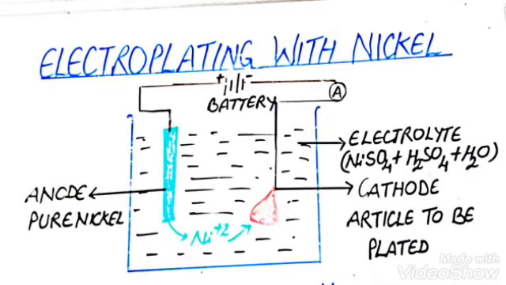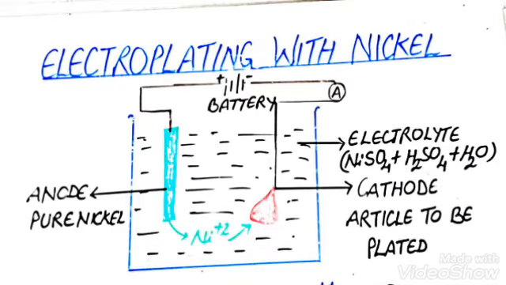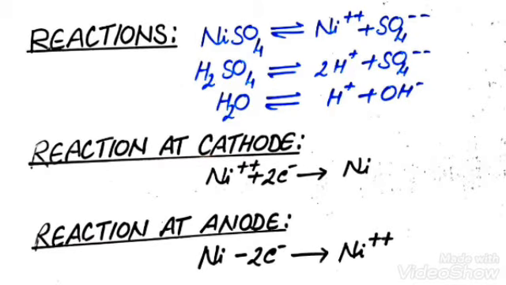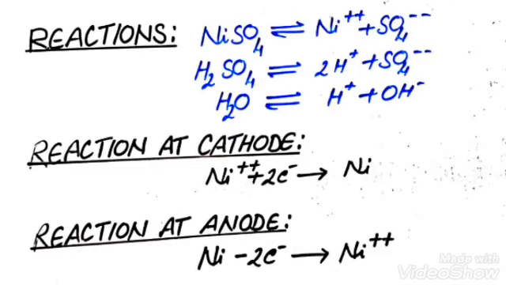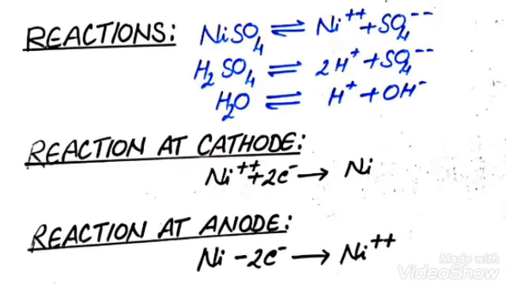Again, the electrolyte components dissociate into their ions. Nickel sulfate, sulfuric acid and water dissociate to give their respective ions. From this solution, nickel ions get attracted towards cathode and get deposited by taking two electrons.